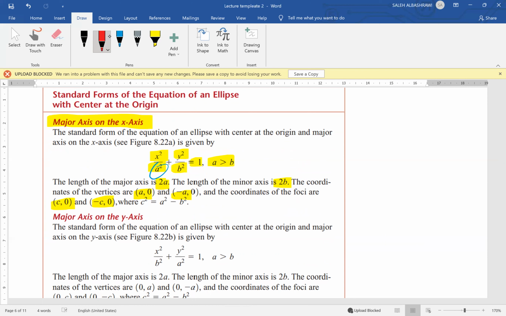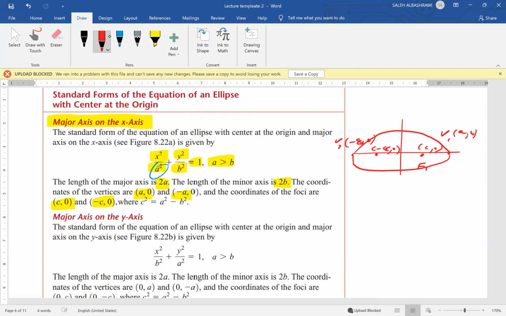So the first vertex, V1, is (a, 0). V2 is (minus a, 0). The focus points are (c, 0) and (minus c, 0).